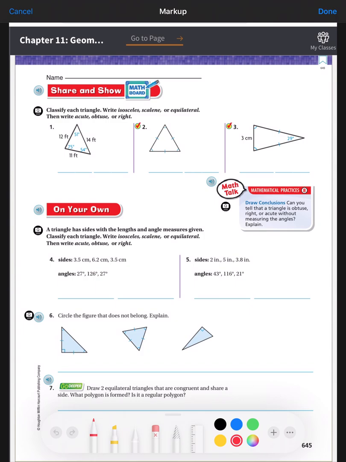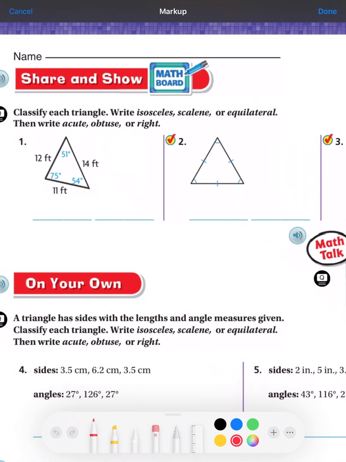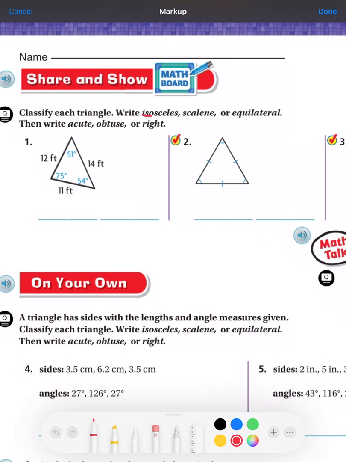New page, new color. Share and show, classify each triangle, write isosceles, scalene, or equilateral. So there they're talking about the lengths of the sides, but we're also going to classify it by the angles too: obtuse, acute, or right.